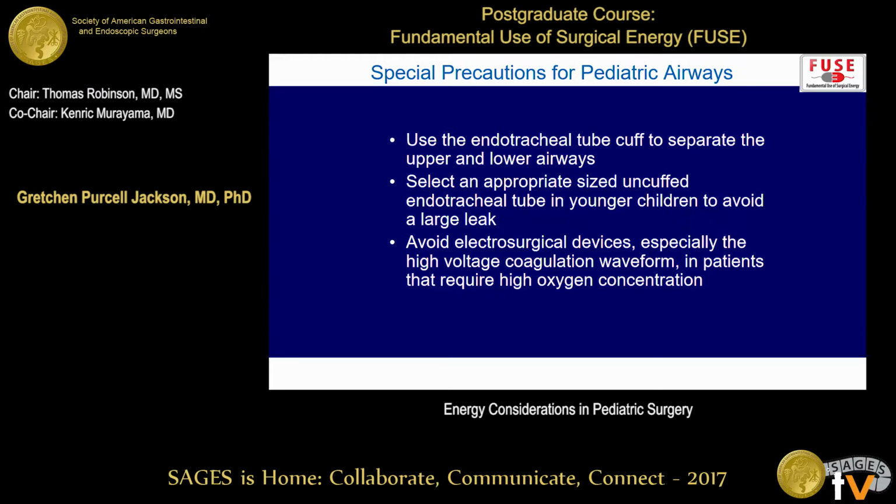In those situations, as you've heard over and over again, always use the lowest possible settings that get the appropriate thermal effect, but also really consider not using those high voltage modulated waveforms, your coag as opposed to the cut, because that coag waveform is very prone to sparking.